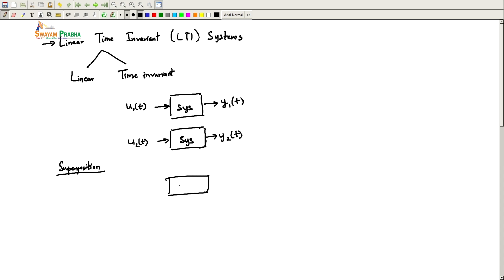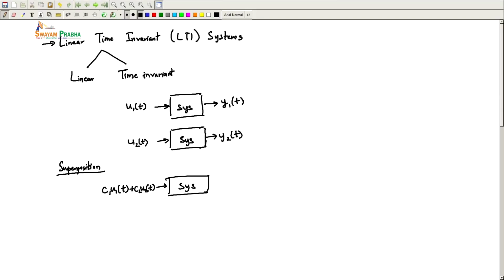That is, if we multiply the first input by a constant C1 and we add it to C2, that is, multiply the second input by C2 and we add both of these, C1 u1 plus C2 u2, and apply this to the system, then what we should get is the output multiplied in the same manner.